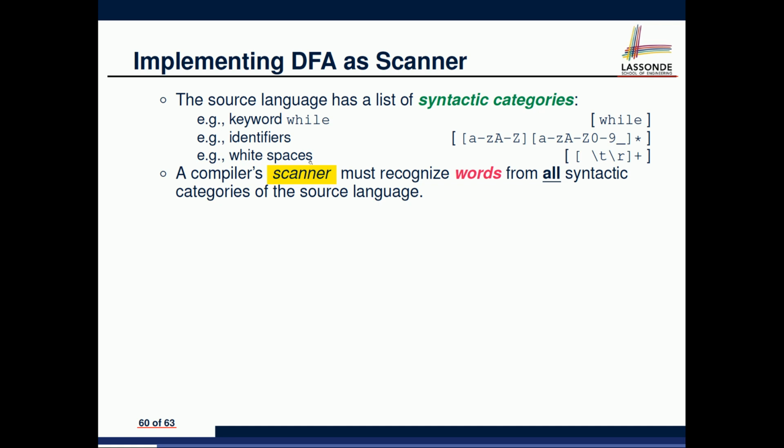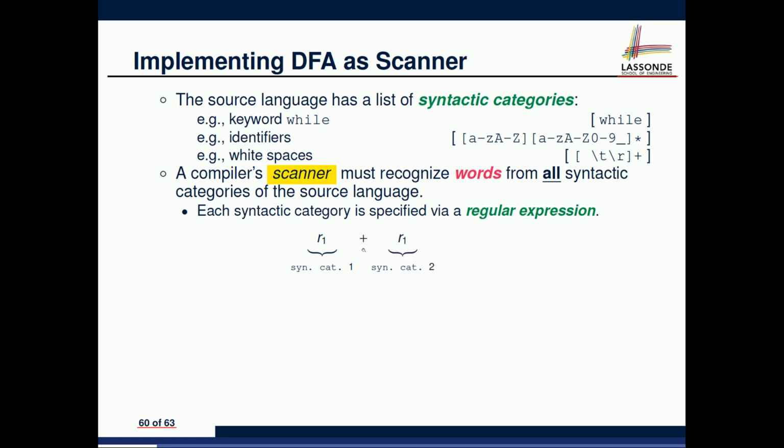Think about syntactic category number 1 using regular expression R1, and then union with another category, and depending on how many categories you have, that's general. So n over here is guaranteed to be finite. Eventually we get a union of these regular expressions, and then you now know the trick of turning that into a single DFA that's minimized. Question?